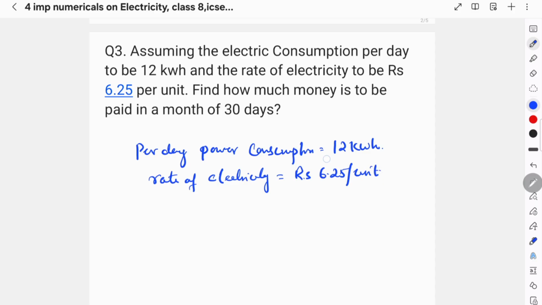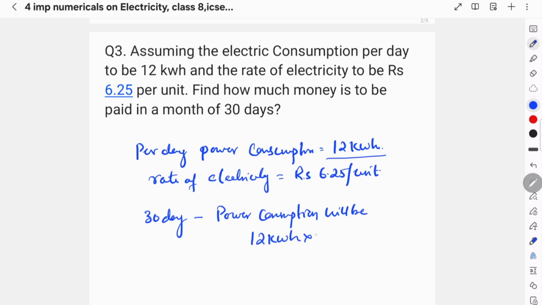So per day we are consuming 12 kilowatt hour. So in 30 days, power consumption will be 12 kilowatt hour into 30. So we'll get 360 kilowatt hour. This is the power which is being consumed in 30 days, or I can say 1 month.